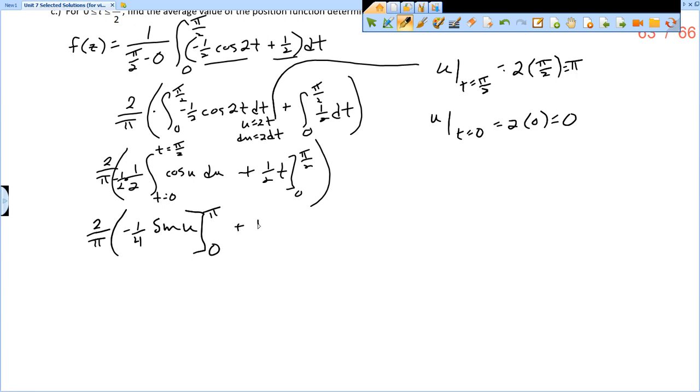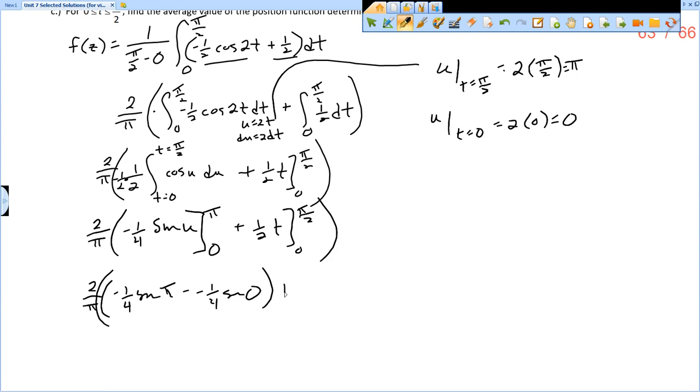All right, and then I have plus 1 half t from 0 to pi over 2. And then we're going to distribute the 2 over pi. So 2 over pi times negative 1 fourth sine of pi minus negative 1 fourth sine of 0. So that's that first part. And then I have plus half of t, which is pi over 2, minus half of t, which is 0.